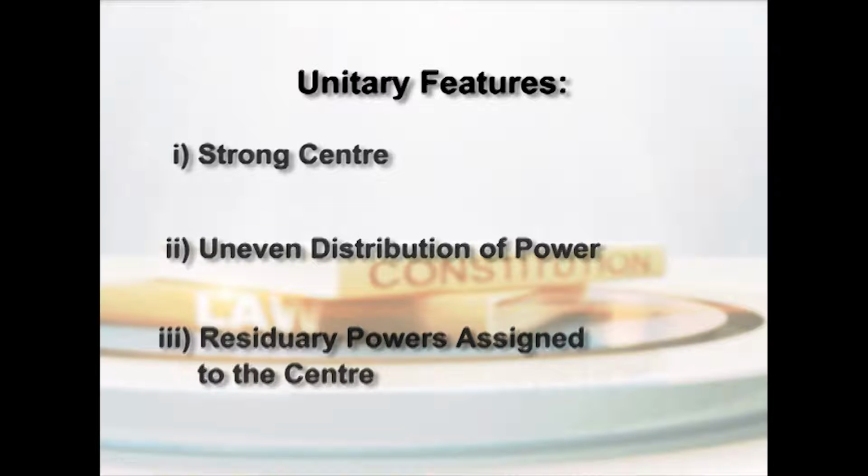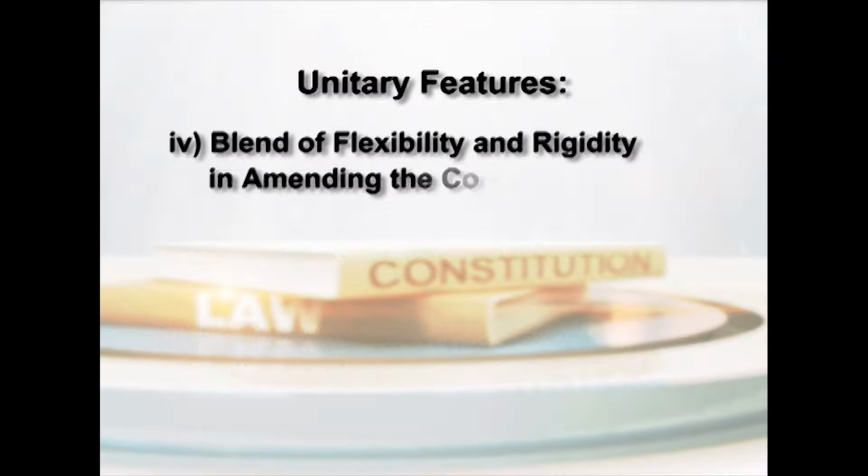The Indian constitution is partly rigid. I have already told that. Why is it partly rigid? Some of its provisions are quite flexible, to be amended by a simple majority of the members present and voting in the Indian Parliament.